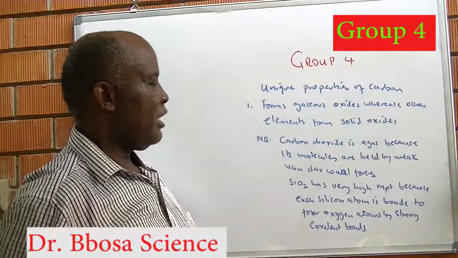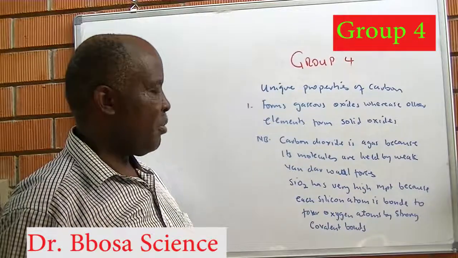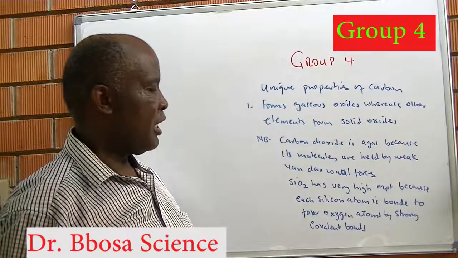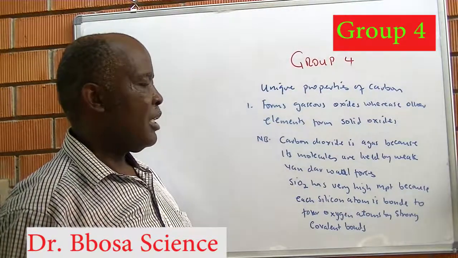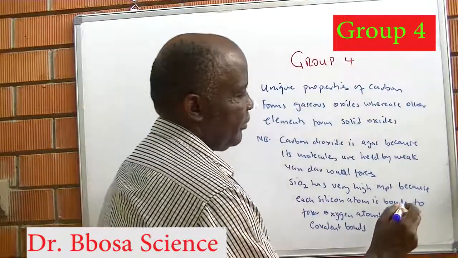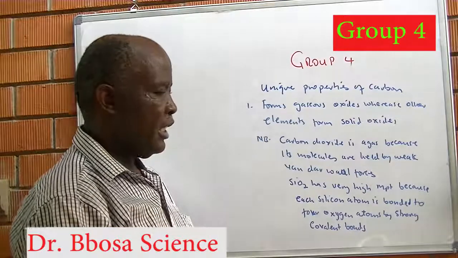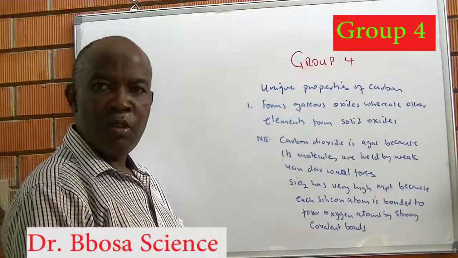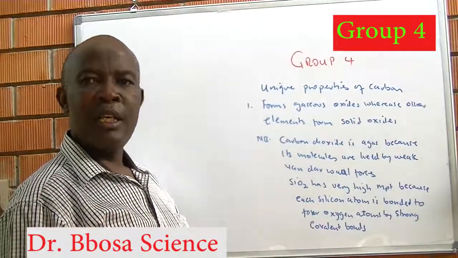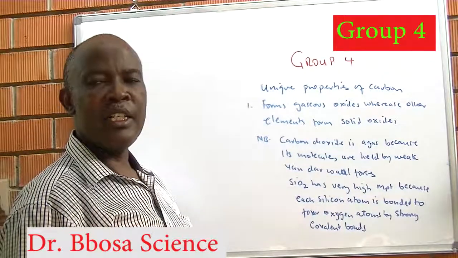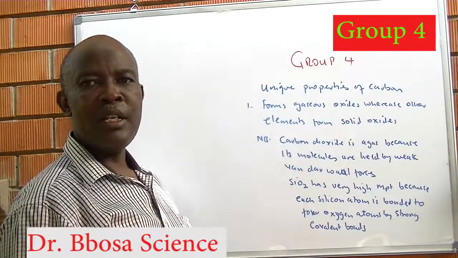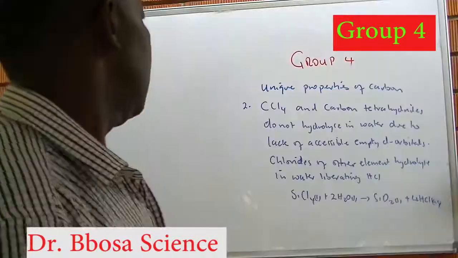Silicon dioxide has a very high melting point because each silicon atom is bonded to 4 oxygen atoms by strong covalent bonds. The strong covalent bonds require high temperature to break.